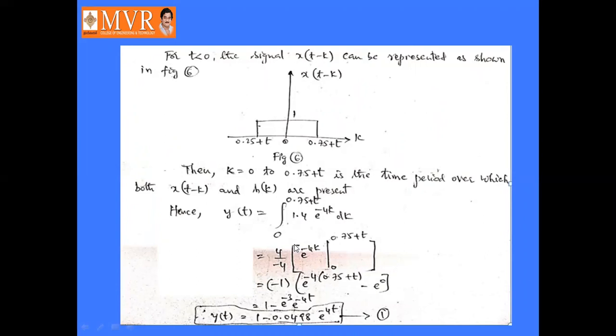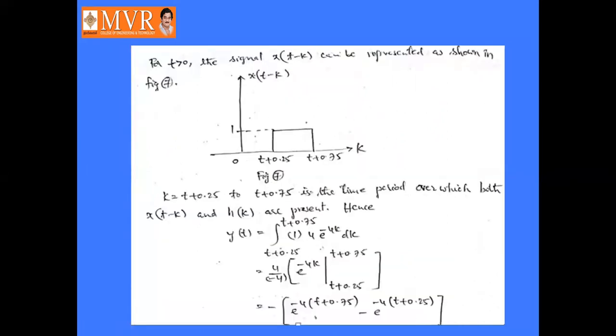This is 4 by minus 4, that is minus 1, into e power. By substituting this, we will get 1 minus e power minus 3 into e power minus 4t, or it is equal to 1 minus 0.0498 into e power minus 4t. Let it be considered as equation number 1. So we analyzed this for t less than 0.